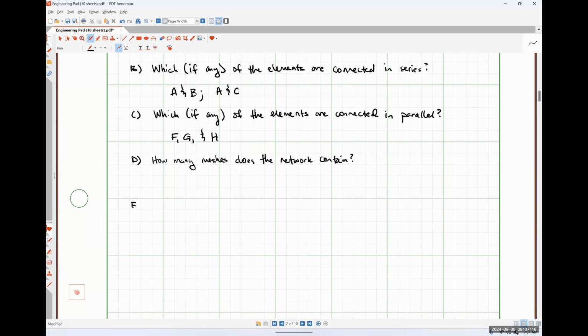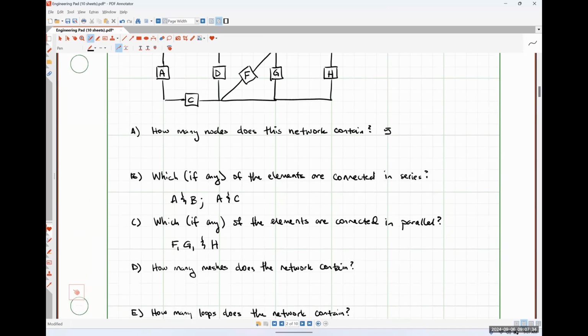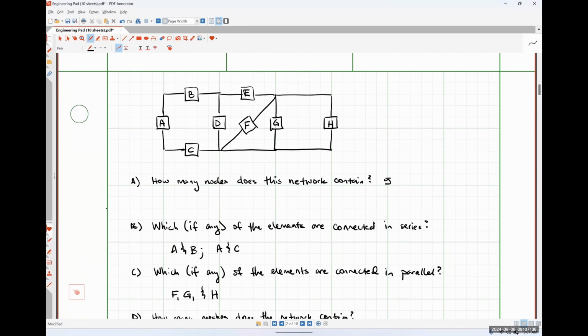And lastly, question E. How many loops does the network contain? So let's scroll back up here so you guys can see it.